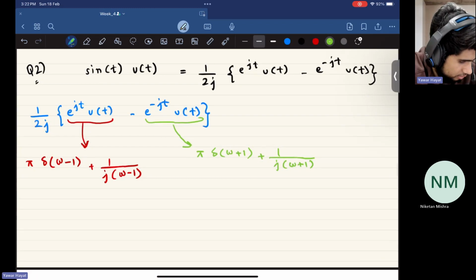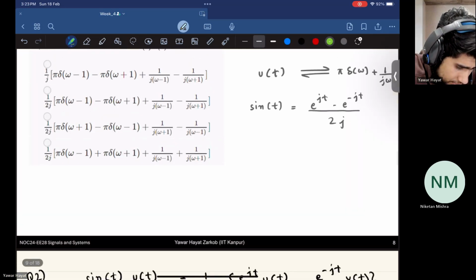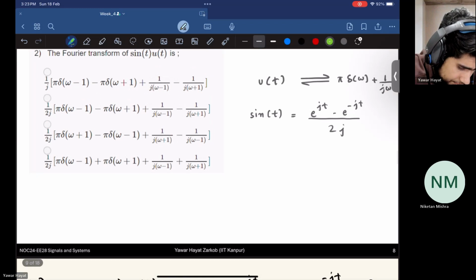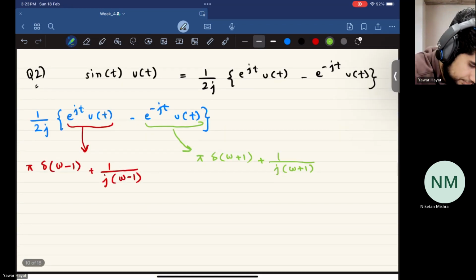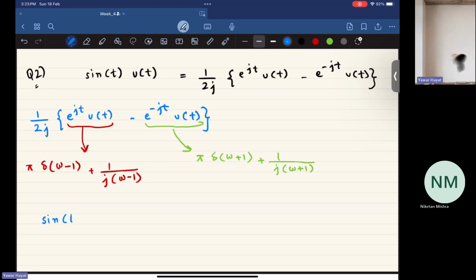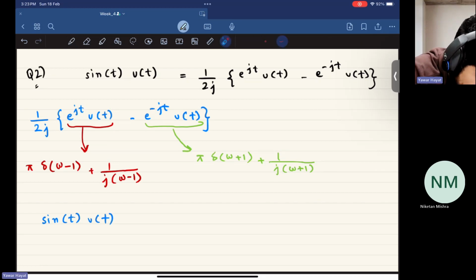So now I'll just club these two. The Fourier transform is the subtraction of these two Fourier transforms. Sine of t, u of t, I had to compute the Fourier transform of this signal.